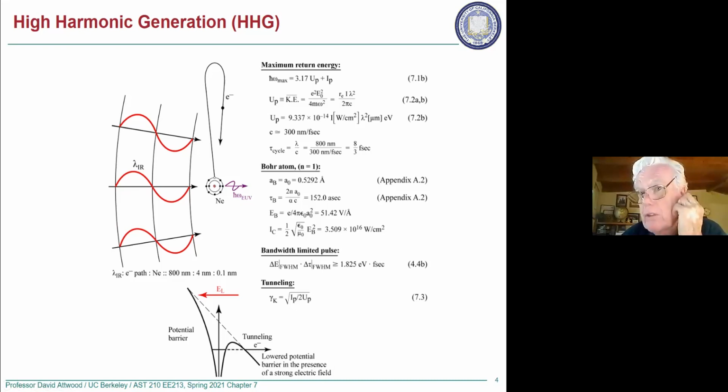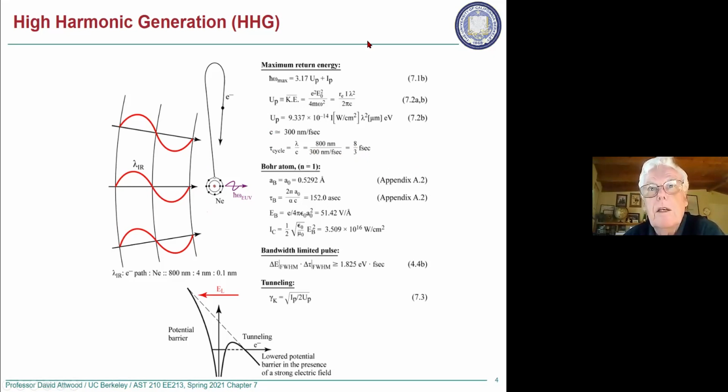Less than 3 femtoseconds is a full cycle. What is one cycle at 800 nanometers? It's 1/3 of a femtosecond, so a little under 3 femtoseconds, right? So it could be short, but it could be long, okay?